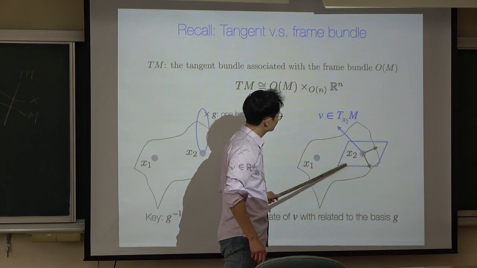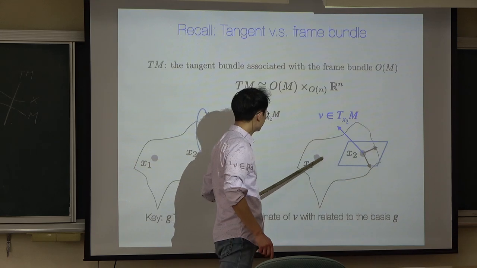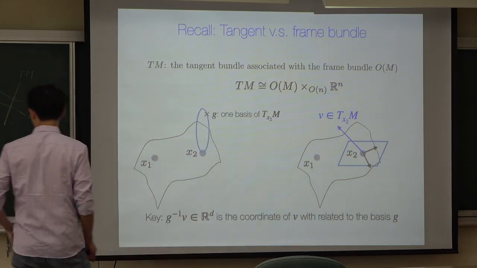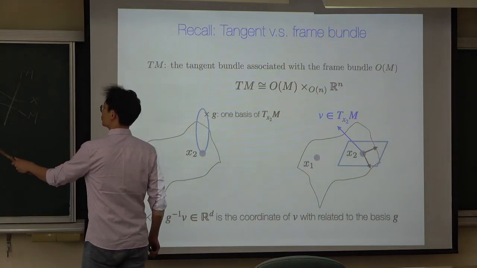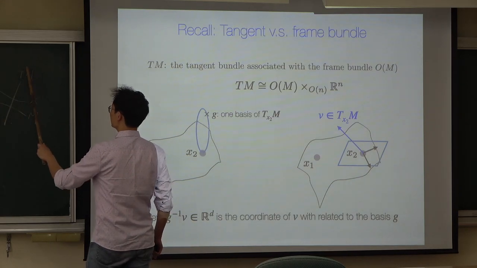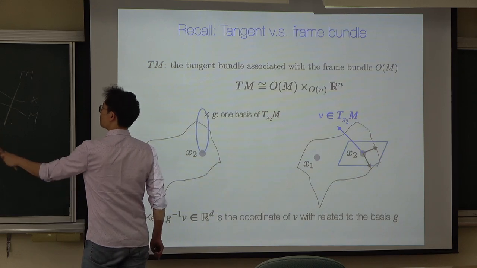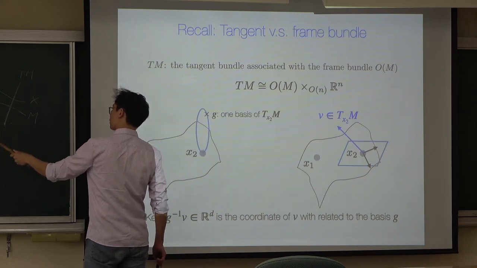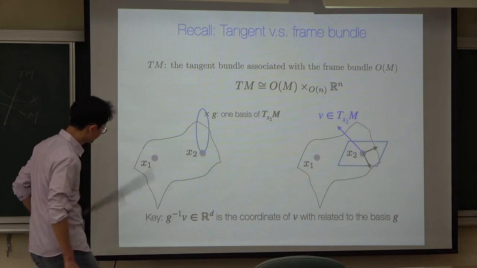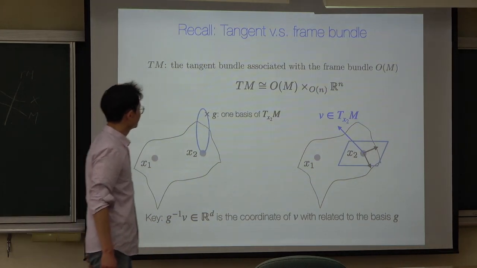Okay, so this is a tangent space, a vector space, and at each point you attach one. So pictorially, sometimes we draw things in this way. M is a manifold, and this is a tangent bundle. At each point, you just attach a vector space. Okay, and a section is a vector field.